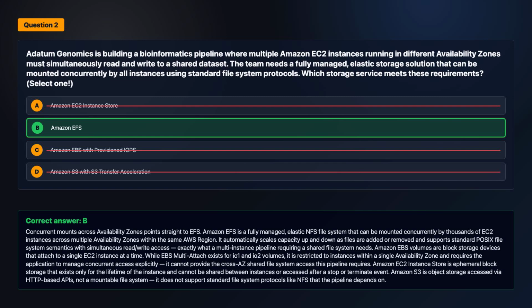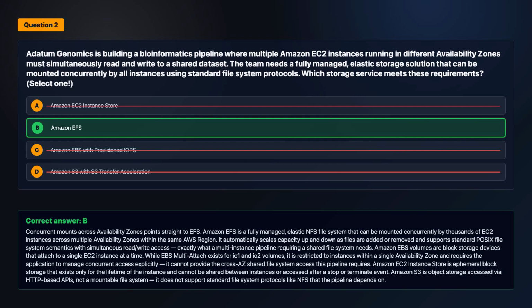Amazon EBS volumes are block storage devices that attach to a single EC2 instance at a time. While EBS multi-attach exists for IO1 and IO2 volumes, it is restricted to instances within a single availability zone and requires the application to manage concurrent access explicitly. It cannot provide the cross-AZ shared file system access this pipeline requires.